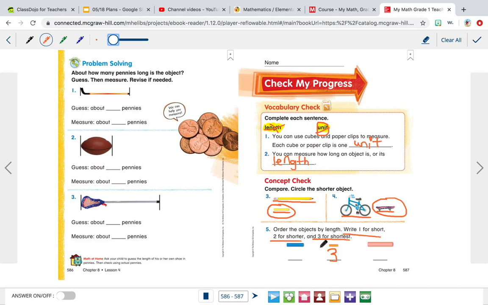I hope you said the blue, and this is going to be number 2, because it's shorter, and so this is shortest, this is shorter, and this one is just short. So here's short, here's shorter, because the blue is shorter than the red. And number 3 is shortest because it's the shortest one here.